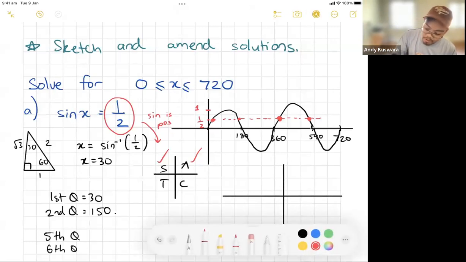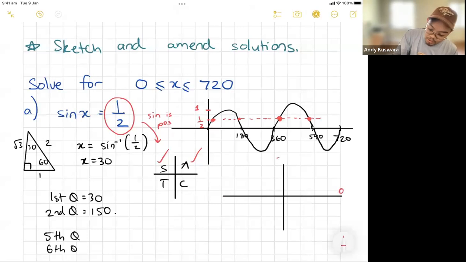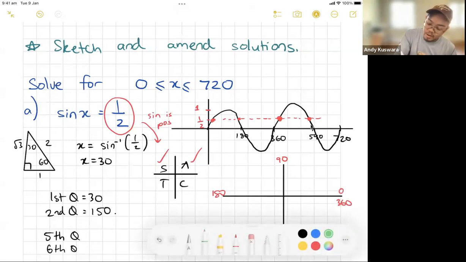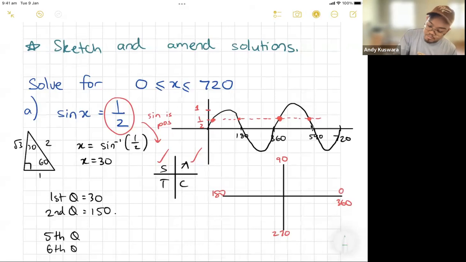The first time around, I start from 0, I go to 90, 180, 270, 360. That's my first rotation. If I go around again, I keep adding 90: 450, 540, 630, and then 720.